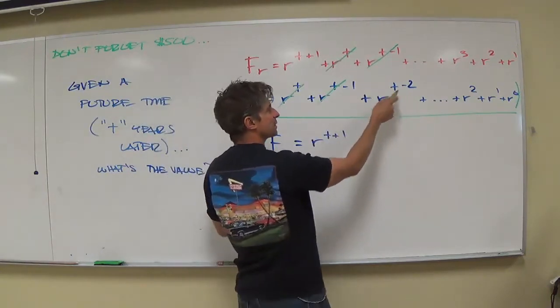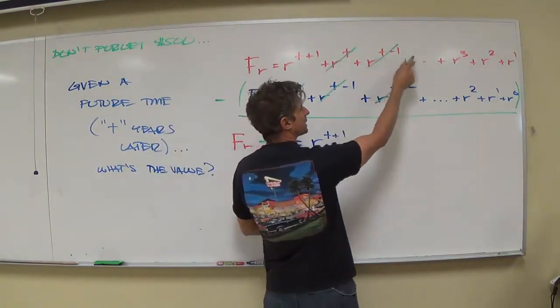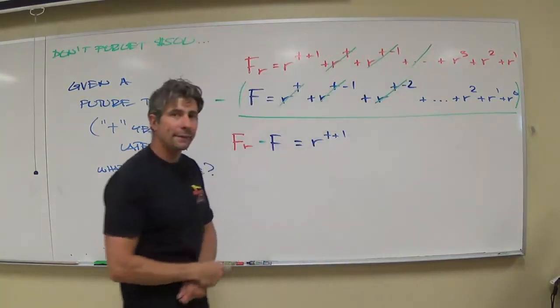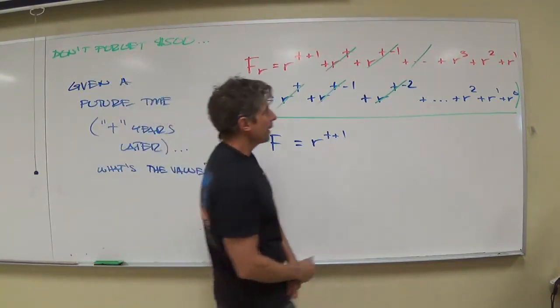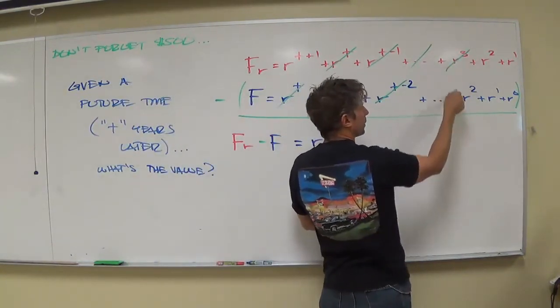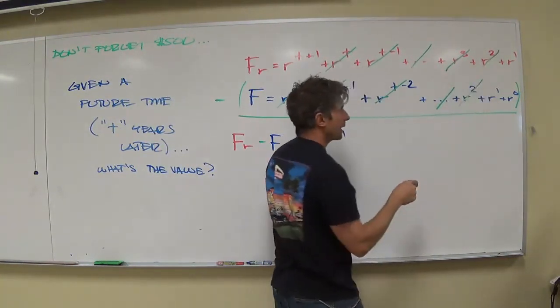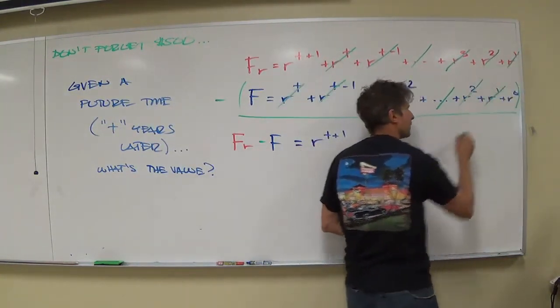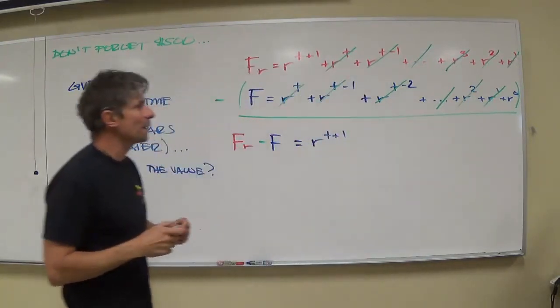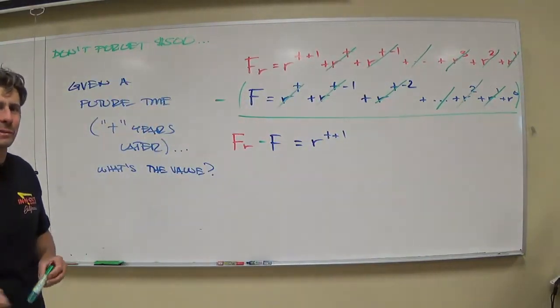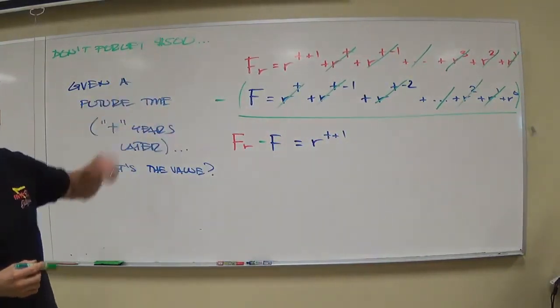And you see this t minus 2 that's right here? There would be a t minus 2 up here in line that would cancel that one. And this r cubed would have an r cubed right before this r squared. And that r squared would cancel that r squared, and that r to the first would cancel that r to the first, and that r to the 0 is the only one that isn't canceled, because we got rid of it when we multiplied it by r.